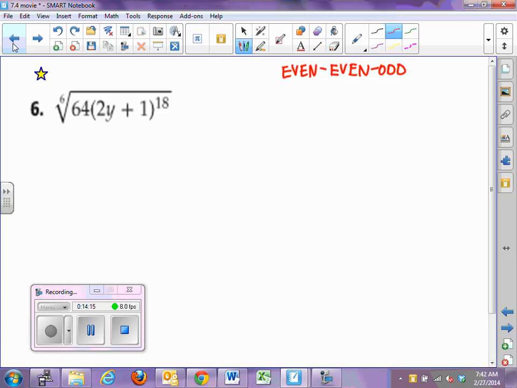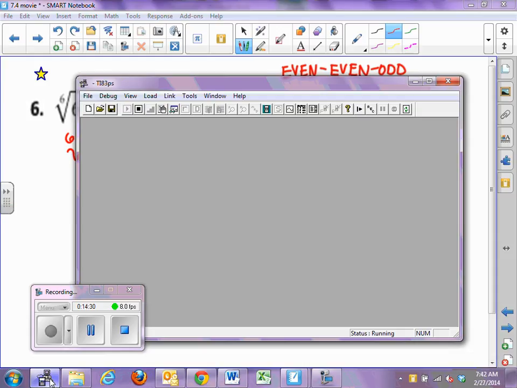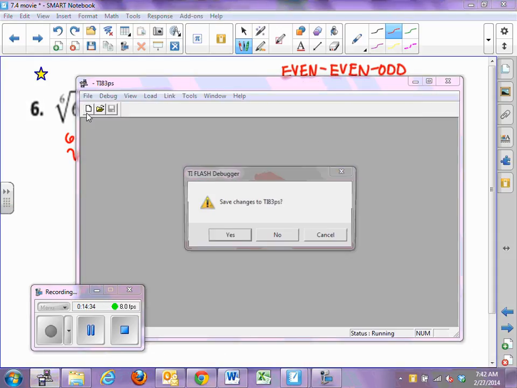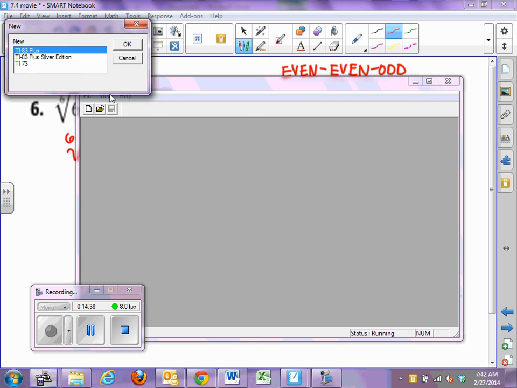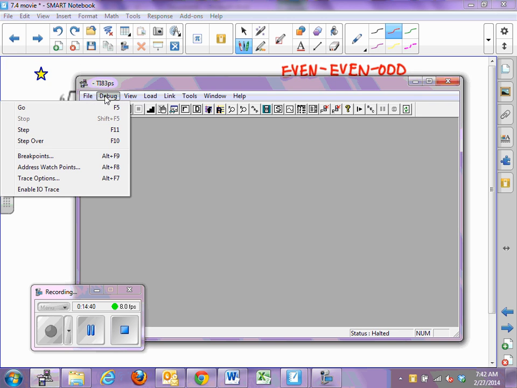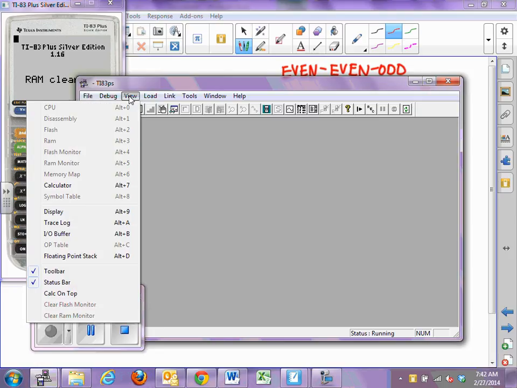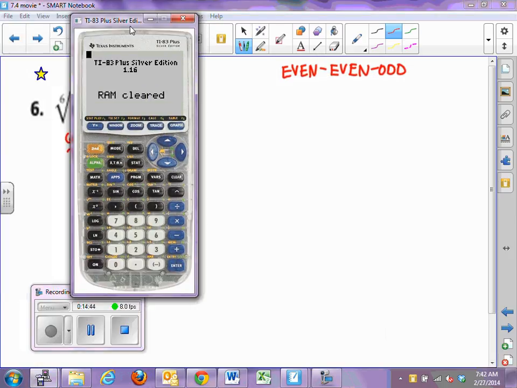Again, I'm going to break it up, because this one seems weird. This is the 6th root of 64 and the 6th root of the quantity 2y plus 1 to the 18th. So the 6th root of 64, I bet it's 2, but let's go to the calculator. Okay.